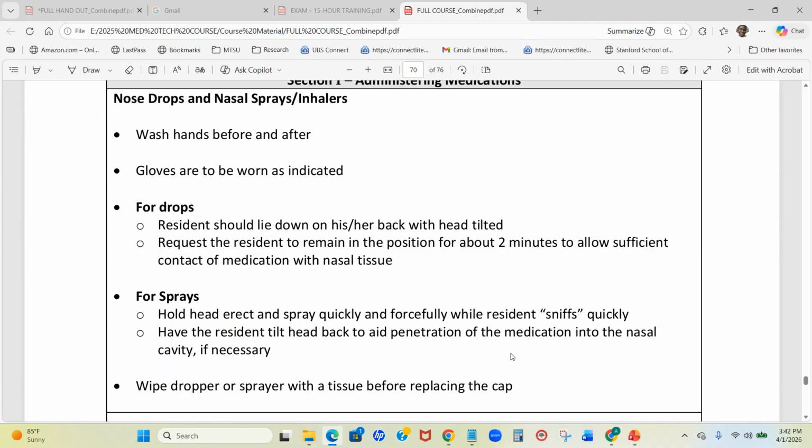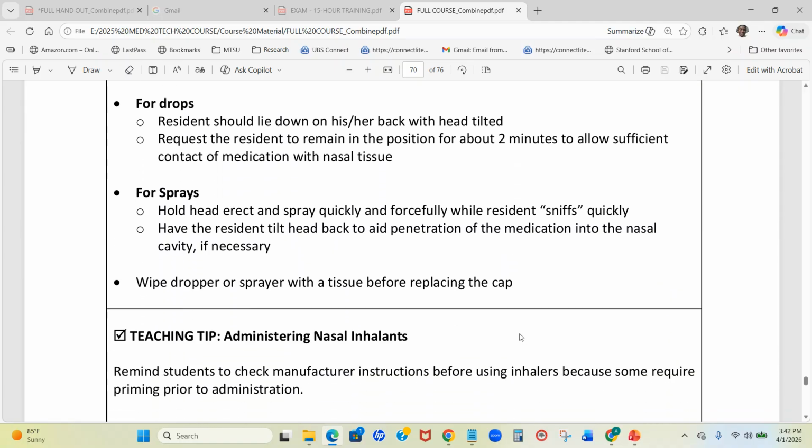Request the resident to remain in that position for 2 minutes to allow sufficient contact of medication with the nasal tissue. If it's a spray, hold head erect and spray quickly and forcefully while resident sniffs quickly. Have the resident tilt head back to aid penetration of the medication into the nasal cavity if necessary.